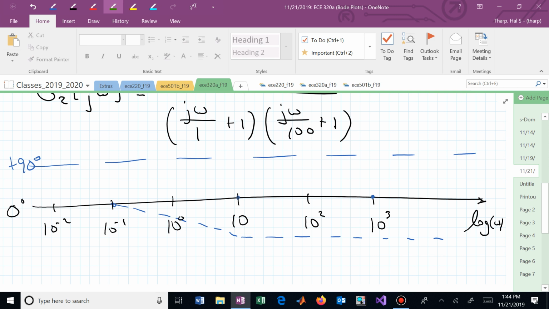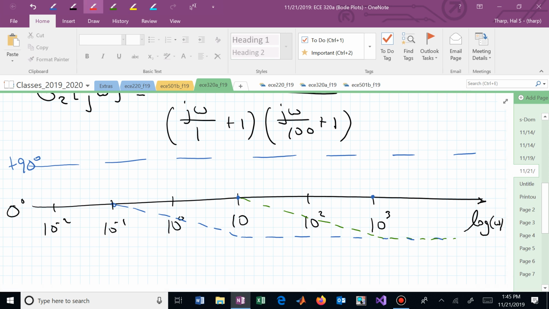So now that second one is in green, if you can see that. It's now starting its contribution of phase a decade before the break, and it finishes and keeps at minus 90 a decade after. Now I just have to add everything up.